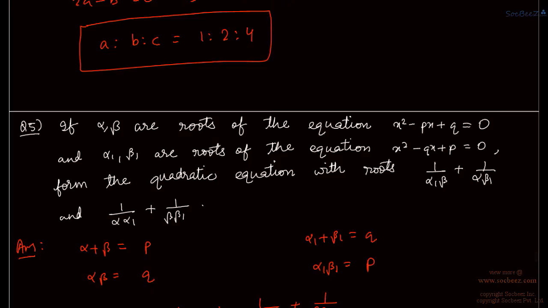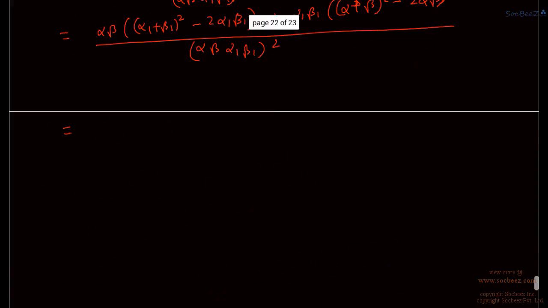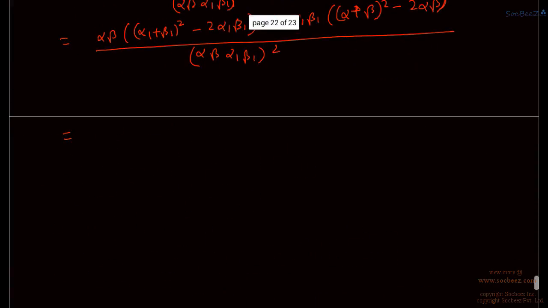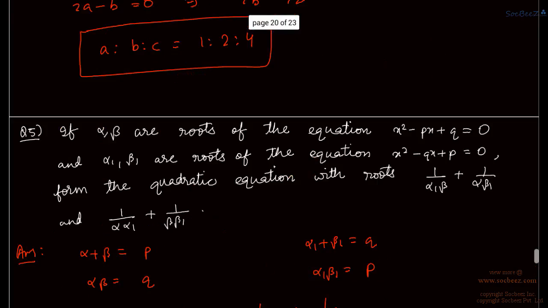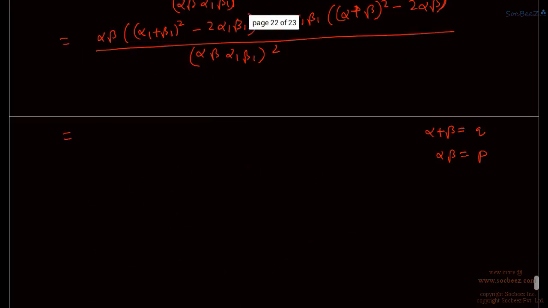So alpha plus beta is equal to P, whereas alpha beta is equal to Q. Sorry, one is enough, because the other is the same.